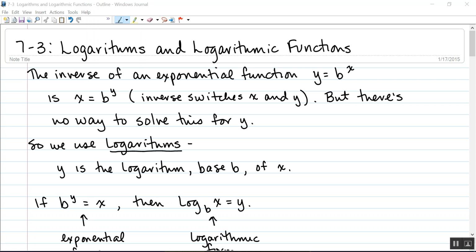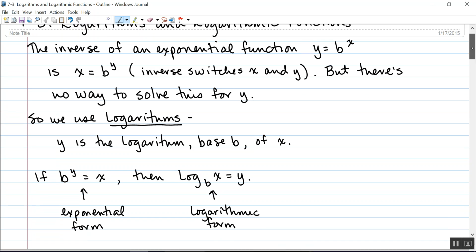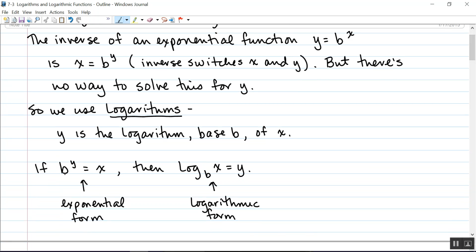In other words, this is how we deal with solving this for y. So if b to the y equals x, that's the exponential form, then we can say that's equivalent to log base b of x equals y, and this is logarithmic form.